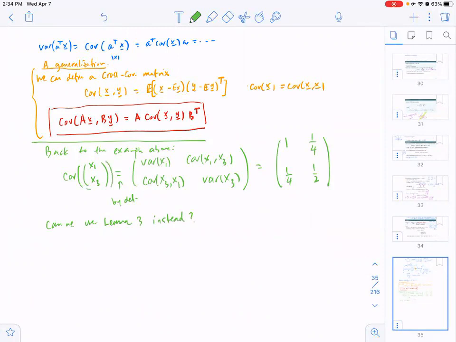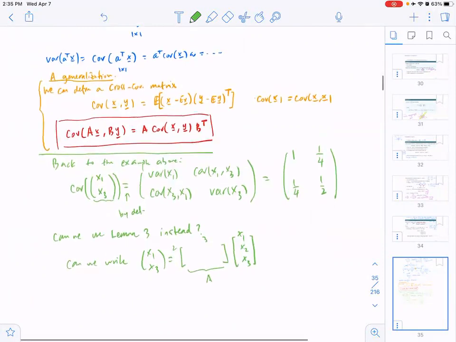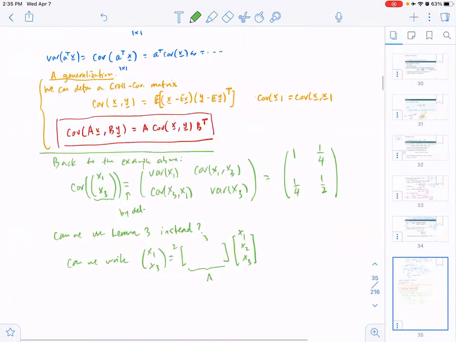Which is to say, can I write this as A times X, as a matrix, like 2 by 3 times x1, x2, x3, and I can call this A and use that result? I think you can, yeah. Okay, what would that matrix be?